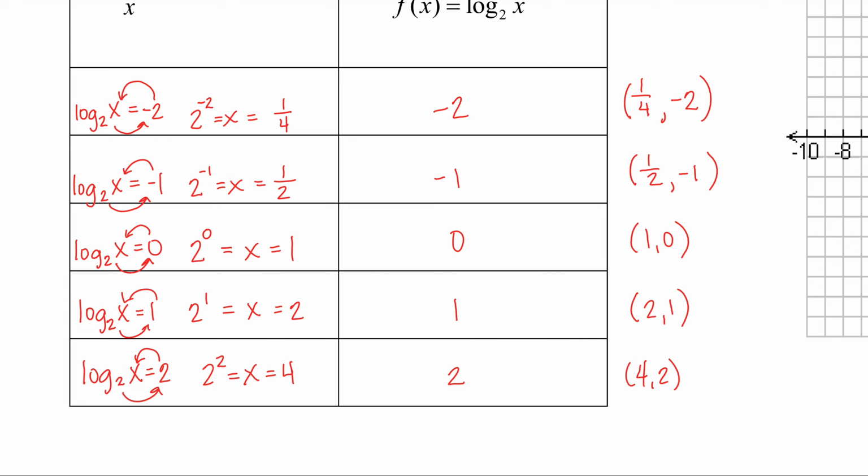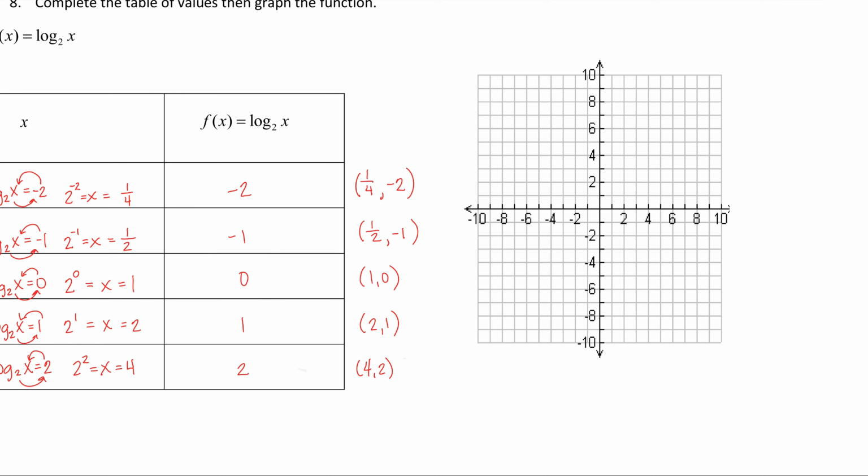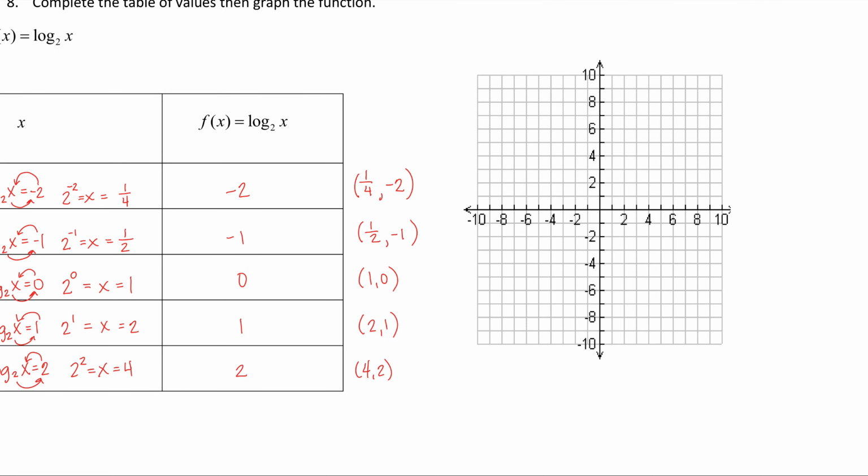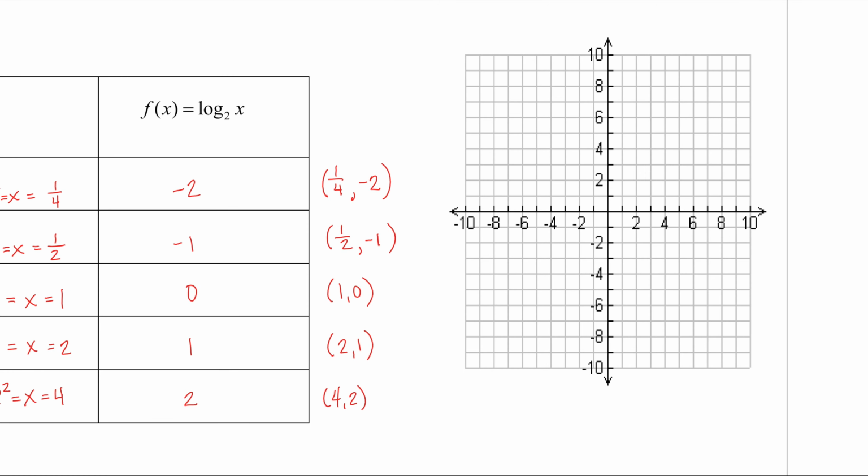Now you're going to see how a logarithm looks different from an exponential. So we're going to plot some of our points. My first point is at 1/4, down 2. So somewhere right here. Again, I try to get it as close as I can. It's not perfect. All right, and then I have 1/2, -1. So right here.